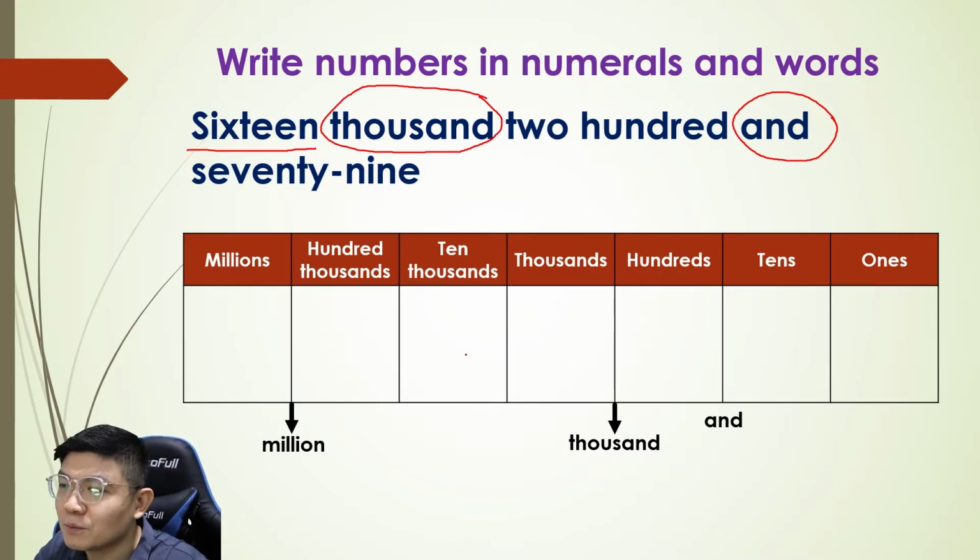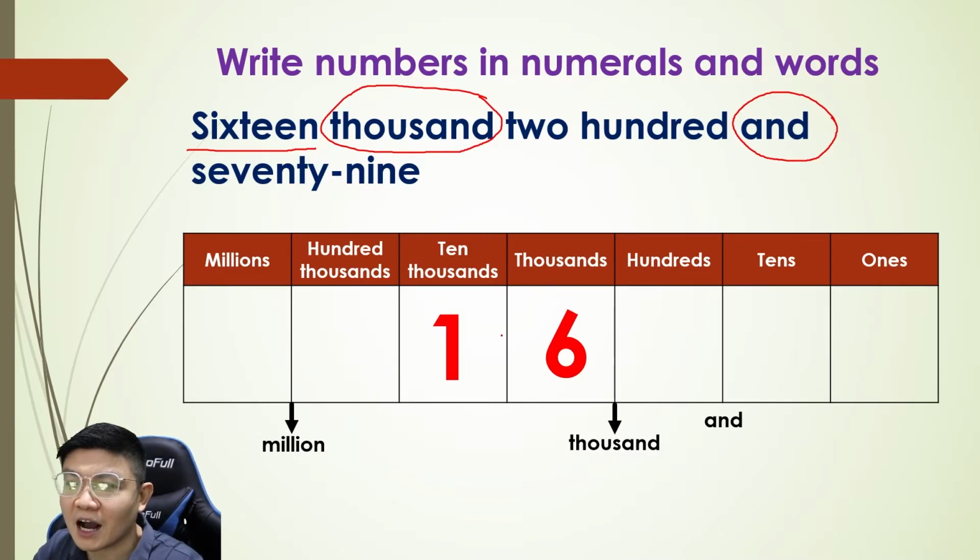So, therefore, you put 1 and 6. Now, remember, I don't put the 1 under 100,000 because 16 is just 16, meaning it's 10 and 6 becomes 16. Therefore, you cannot put it under 100,000. Just put 1 under 10 thousands and 6 under thousands.